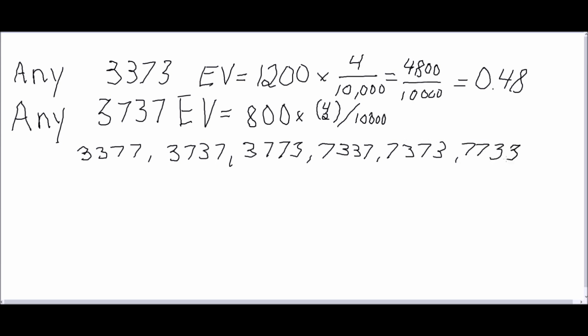So you can see 6 different combinations. So 800 times 6 is again 4,800, divided by 10,000, is equal to, again, 0.48. So again, the player can expect to get back 48% of whatever he bet.